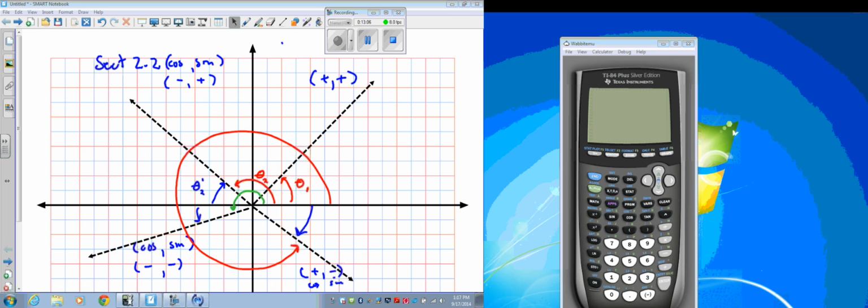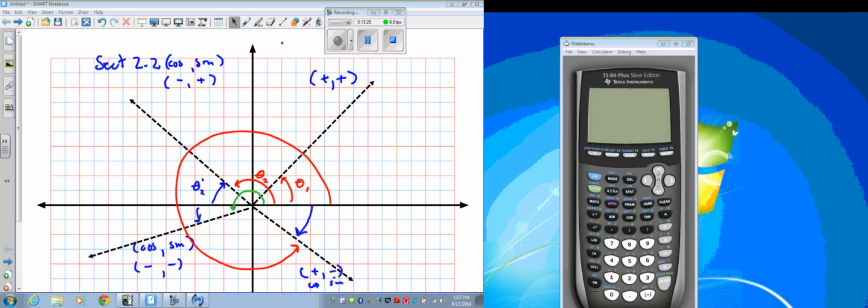So if you have a non-quadrantal angle, and theta is above 360 or less than 0, then what you want to do is convert it back to a 0 to 360 degree angle, the coterminal angle.